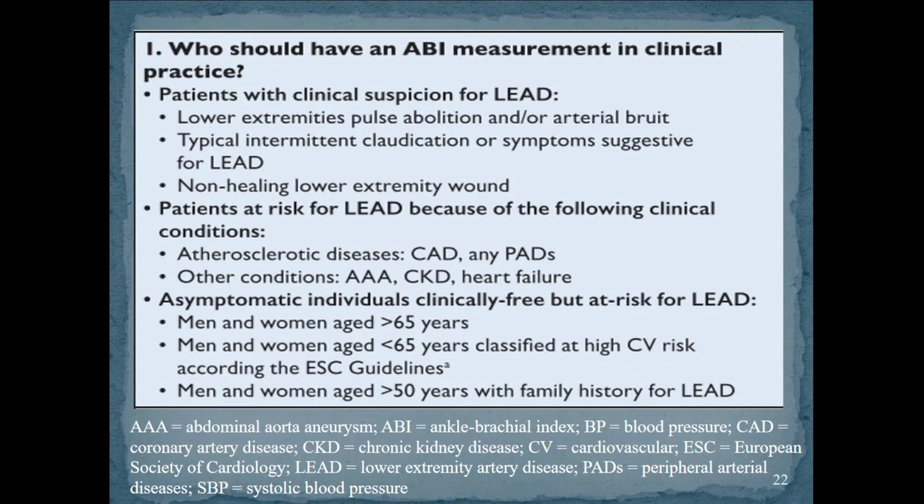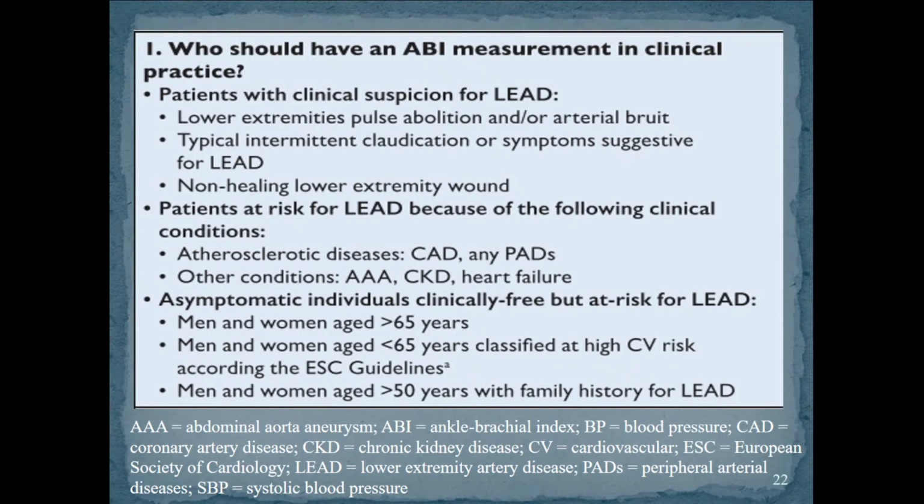It is a patient with clinical suspicion for LEAD, lower extremity artery disease: lower extremities pulse abolition or arterial bruit, typical intermittent claudication or symptoms suggestive for LEAD, non-healing lower extremity wound.